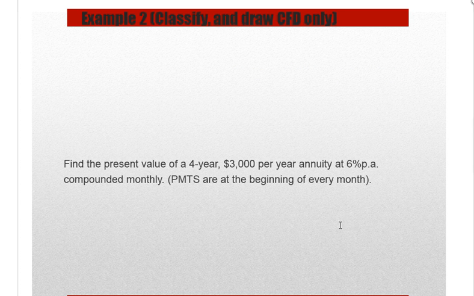Example 2, find the present value of a 4-year, $3,000 per year annuity at 6% compounded monthly. Payments are at the beginning of every month. So obviously, beginning of every month, that's annuity due. And then number of payments per year, 1, but compounded monthly, that's 12, so that's general and certain.